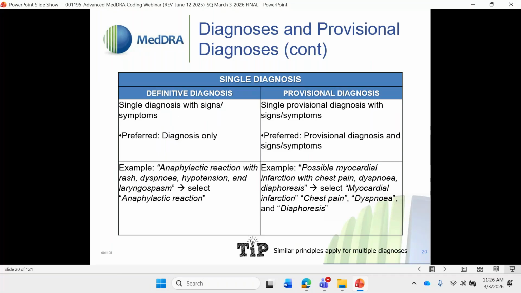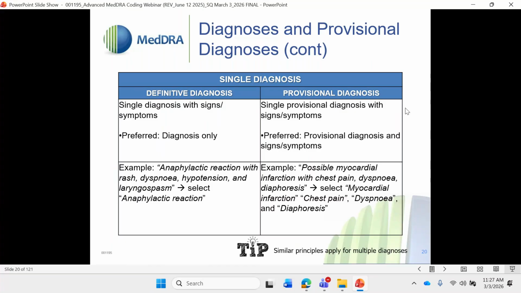Because it's confirmed, and here are the signs and symptoms, you only need to code the diagnosis. So in the example, if they say the person has a diagnosis of anaphylactic reaction with rash, dyspnea, hypotension, and laryngospasm, those are all gold standard signs and symptoms of anaphylactic reaction, so you only need to code anaphylactic reaction.